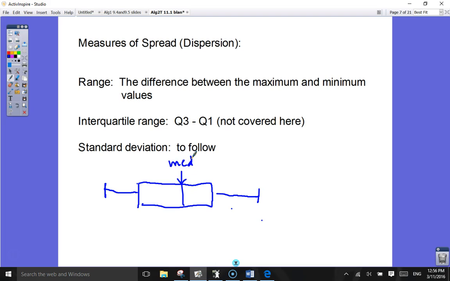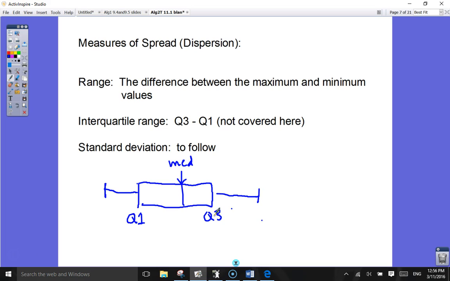The median is the middle value, which means 50% of the values are to the left of it, 50% to the right. Now if you go through the lower 50% and find the median of that, that is called the first quartile. That's Q1, the left side of the rectangle. If I find the median of the upper 50%, that's called Q3.